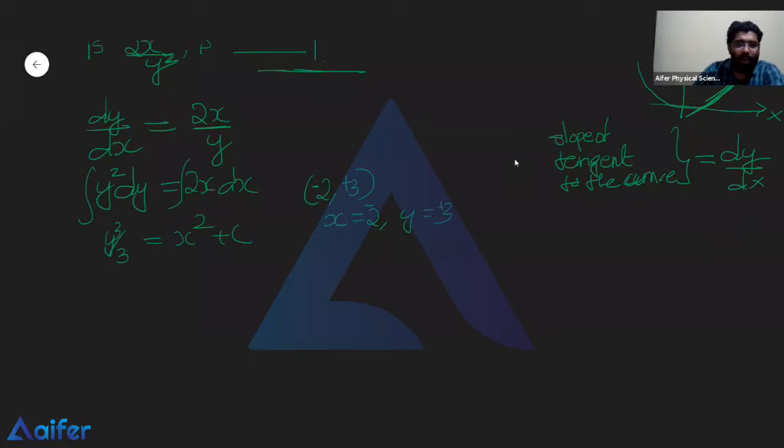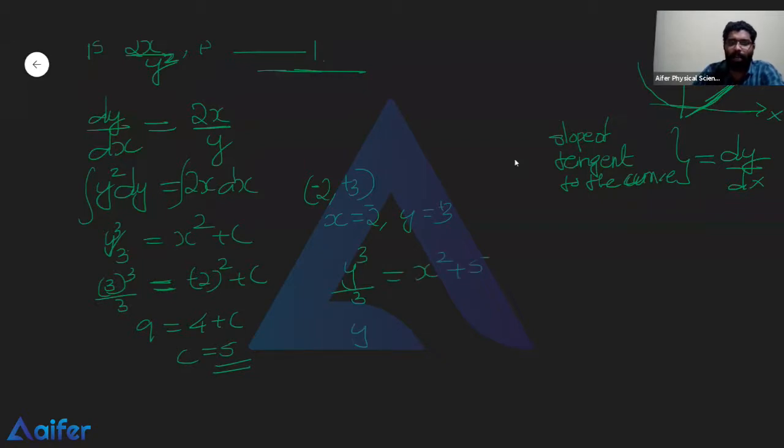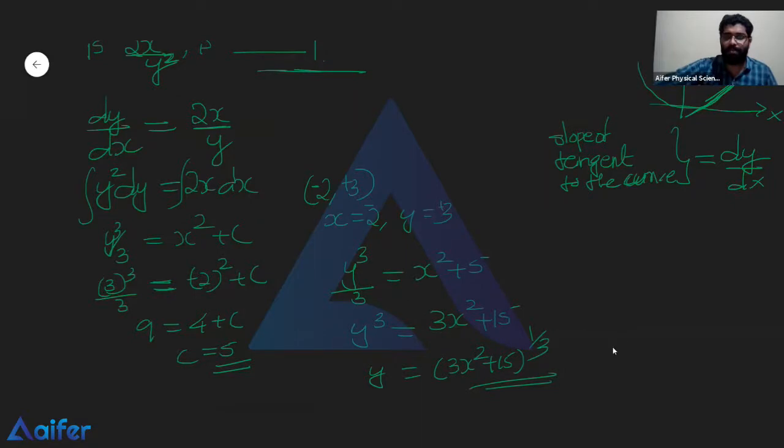If you substitute here, 3³/3 = (-2)² + c, that is 9 = 4 + c, which gives you c = 5. Then your final solution is y³/3 = x² + 5, that is y³ = 3x² + 15. Taking the cube root, y = (3x² + 15)^(1/3). This is the final solution to the curve.